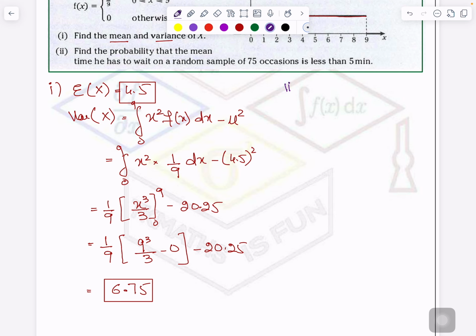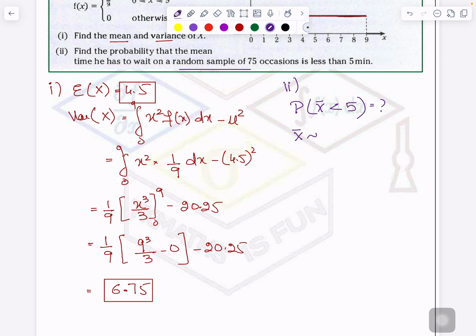Part 2 is finding the probability that the mean time you have to wait on a random sample of 75 occasions is less than 5 minutes. So now probability of random sample mean less than 5. This is my question. So I need to get a distribution first of all, because that distribution I need to use here. So what will it be? Very right.